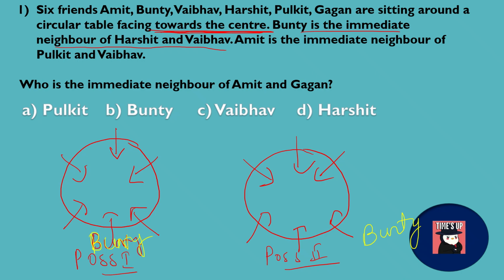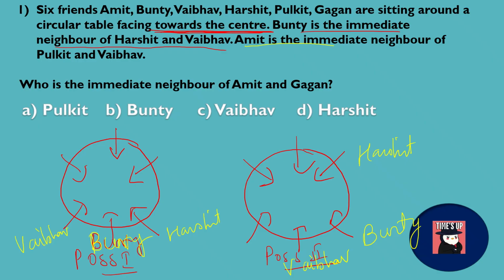Immediate neighbor of Harshit and Vaibhav. So if Bunty is immediate neighbor of Harshit and Vaibhav, then Harshit will be here and Vaibhav will be here, correct? Again I'll say maybe Harshit will be here and your Vaibhav will be here.